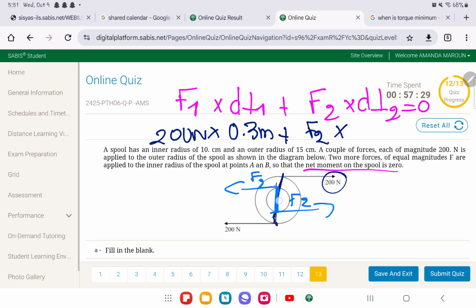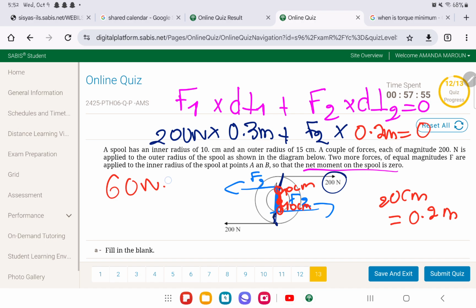So the distance over here, we know that the inner radius from here to here was 10 centimeters. So from here to here is also 10 centimeters. So the total distance from here till here is going to be 20 centimeters, and then in meters, it is 0.2 meters. So times 0.2 meters is equal to 0. If we continue solving, we are gonna get that 60 Newton meter plus F2 times 0.2 meter is equal to 0.